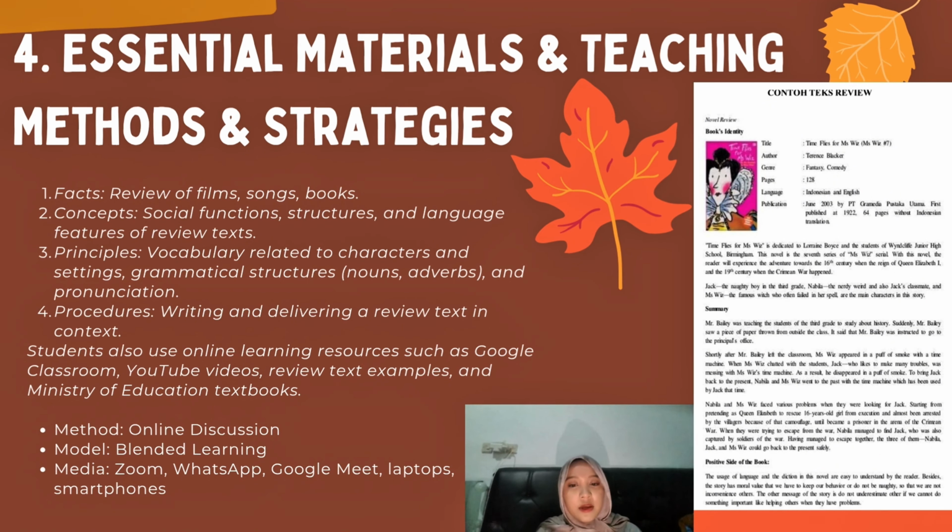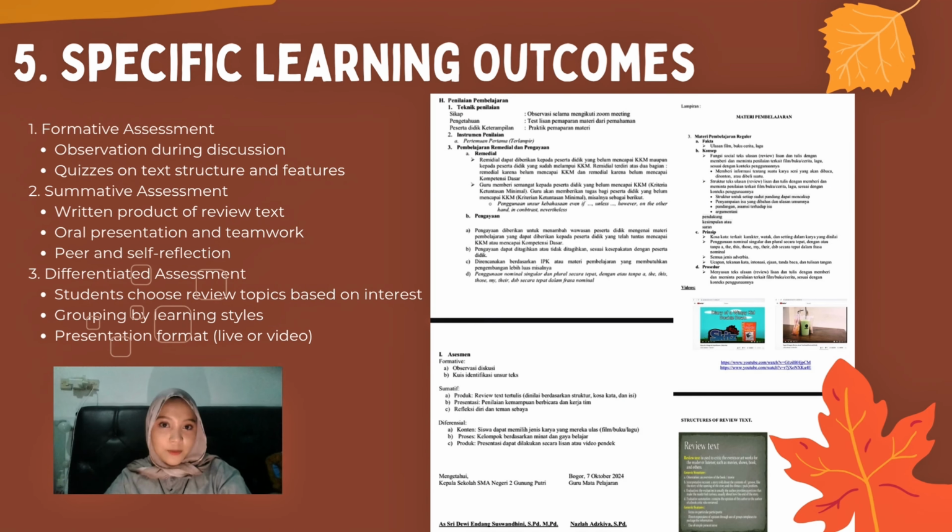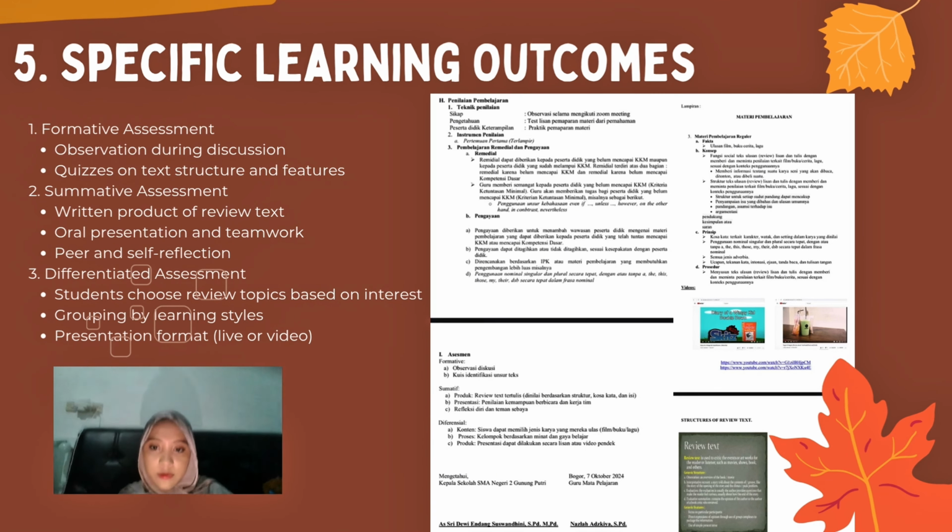Students also use online learning resources such as Google Classroom, YouTube videos, review text examples, and Ministry of Education textbooks. So the method is online discussion, the model is blended learning, and the media are Zoom, WhatsApp, Google Meet, laptops, and smartphones.